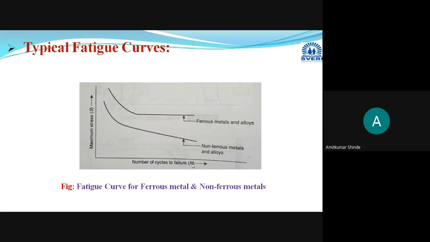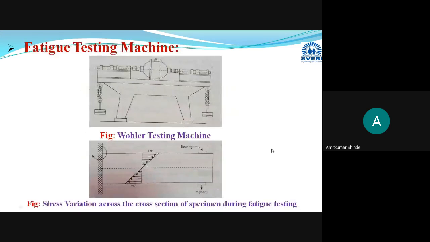While drawing this curve, you can listen to a few more important points related to the number of cycles. Number of cycles of rotations are required. Whenever you use the higher stress, from one end we are applying the load or stress.